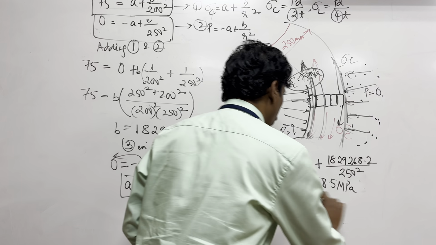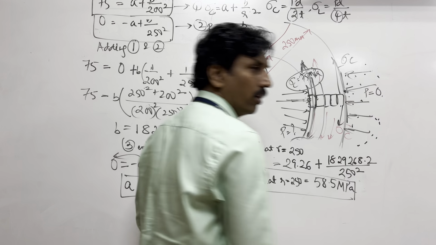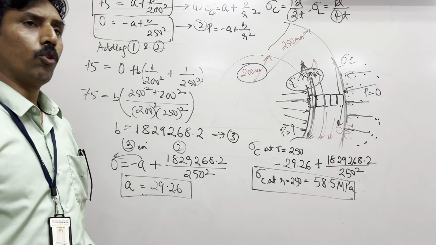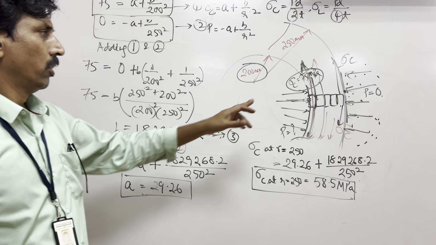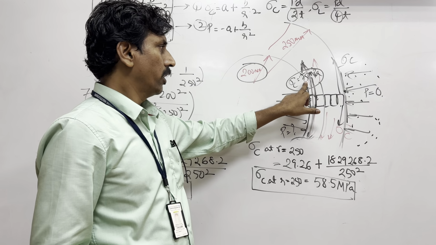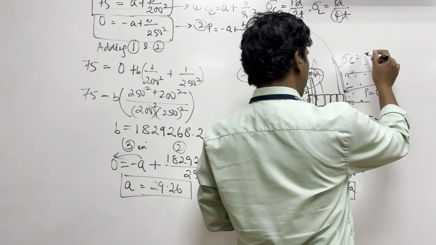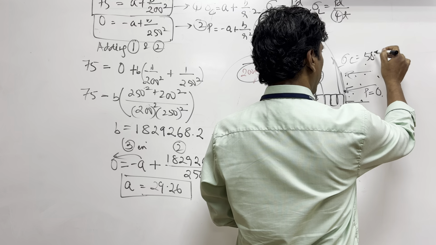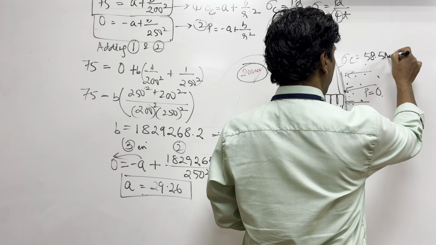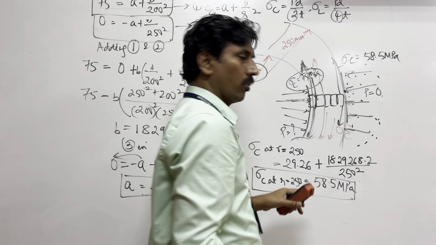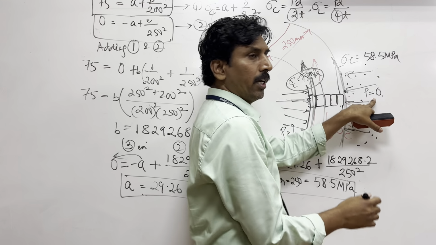So you found this, and then one more has to be found out. Can you tell me? 75 inside sigma C was found out. Sigma C outside is found out to be 58.5 MPa.